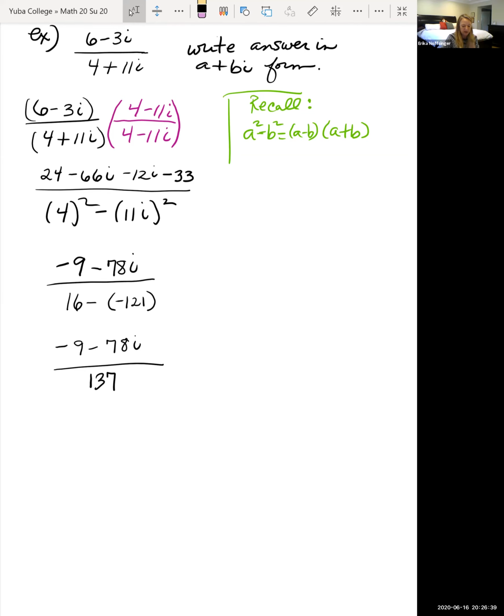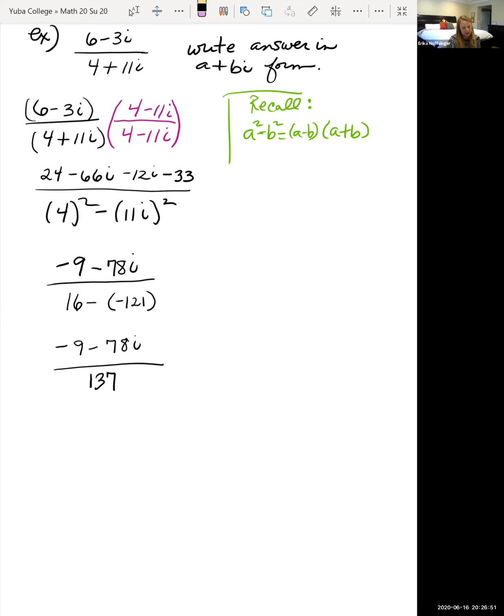Anyways, notice because I have a single term in my denominator, let's go backwards. Normally we're trying to combine two fractions as a single fraction, but it's also helpful sometimes to rewrite a single fraction as a sum of multiple fractions.